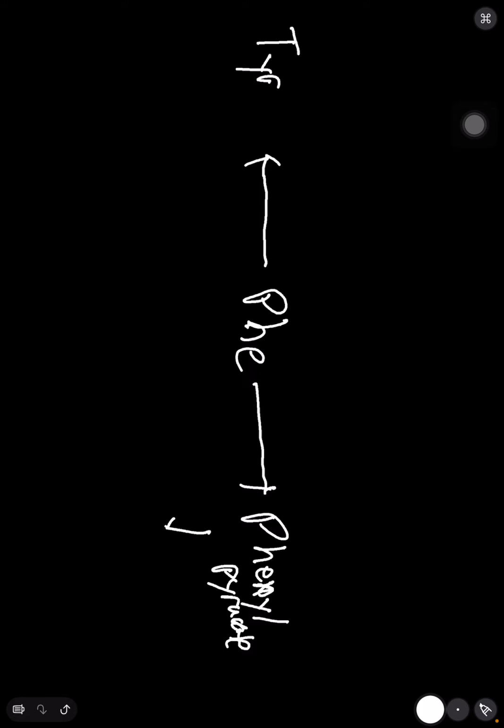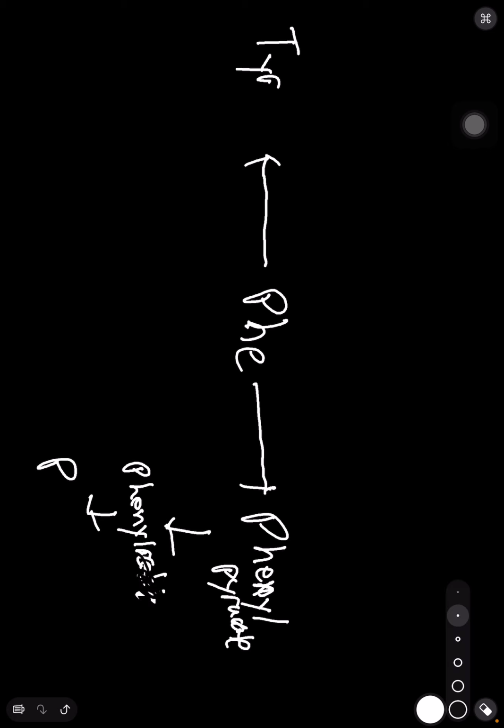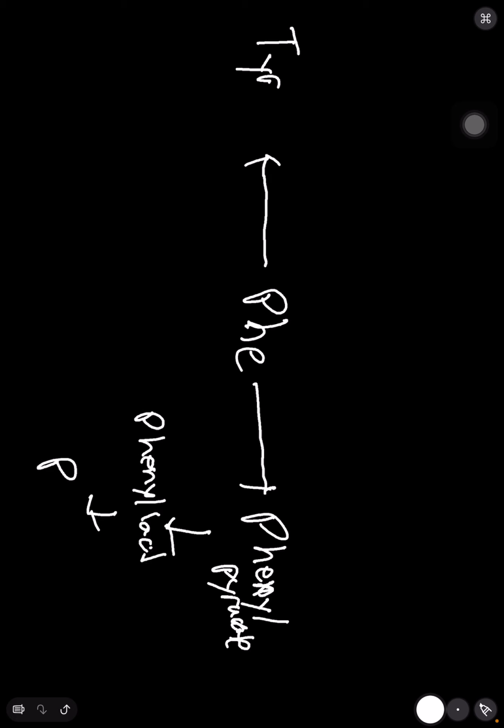Phenylpyruvate is then converted into phenyllactate, and then that can finally be converted into phenylacetate.